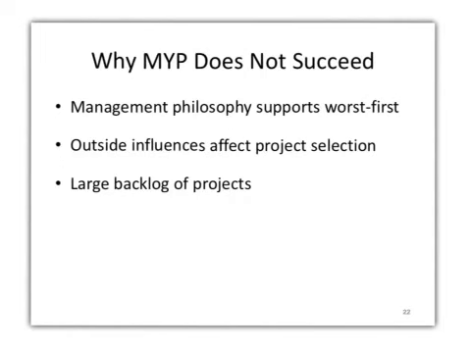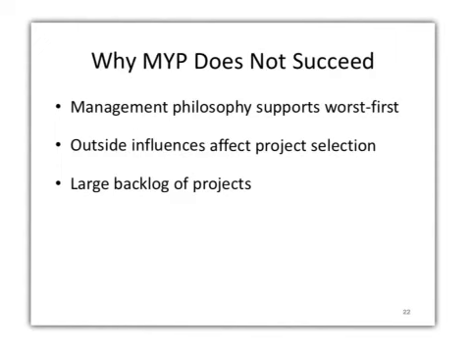Why? The very first thing is that management philosophy supports worst-first. This is typically the old school of thought. If I have a bad road, I have to fix it first, and therefore I'm spending most of the money up front, and then I'm not going to be able to fix any roads in the next year or so.